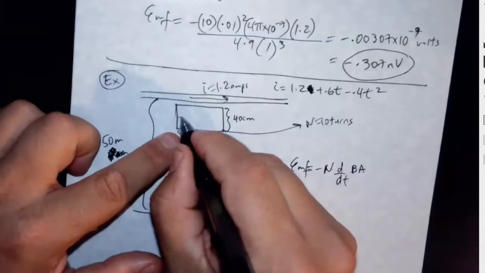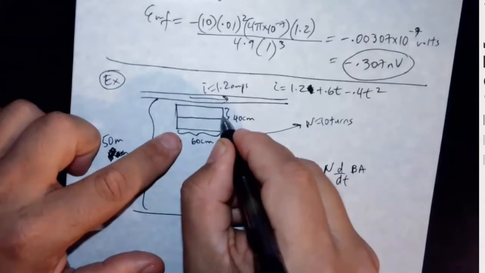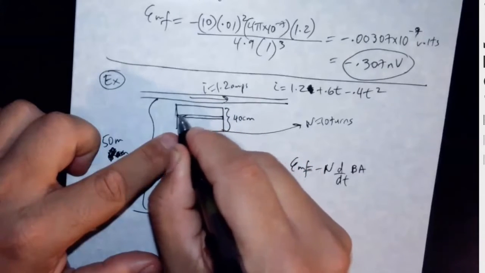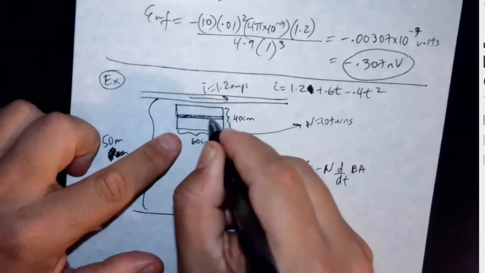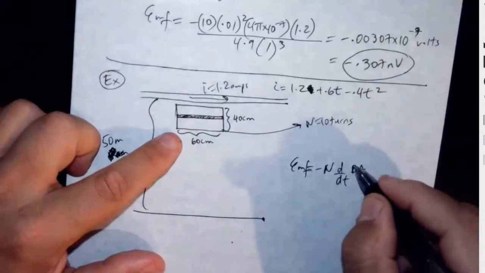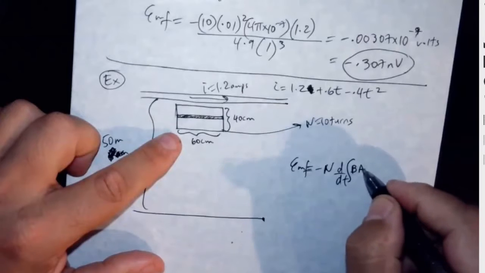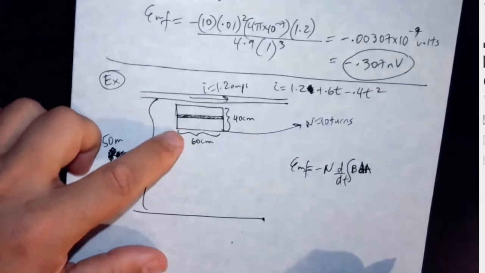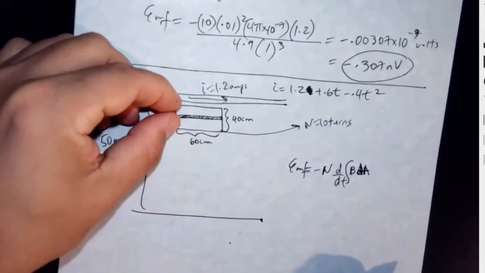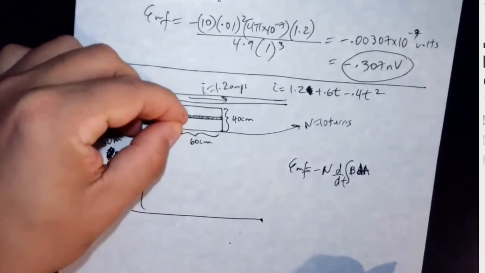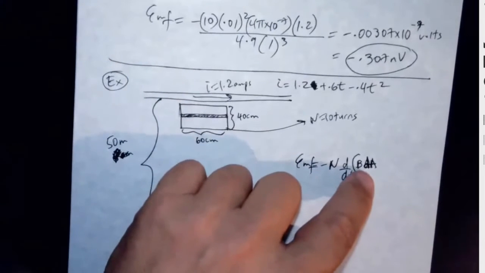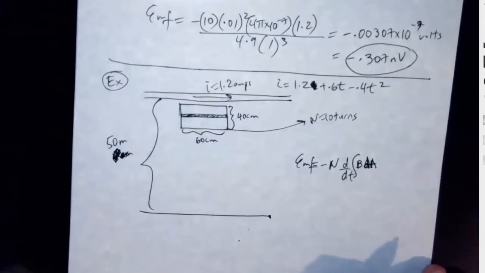So I have to do an integral. I have to take a slice of the loop. Then I have to say integral B dA, right? Then I have to integrate the B across the area of the loop because it's not uniform. So far, I've just been able to say BA, you know.